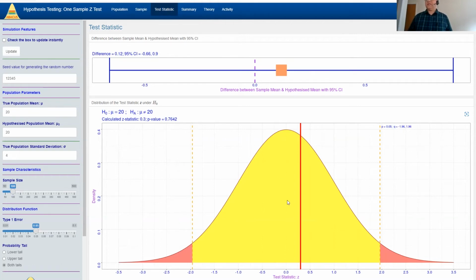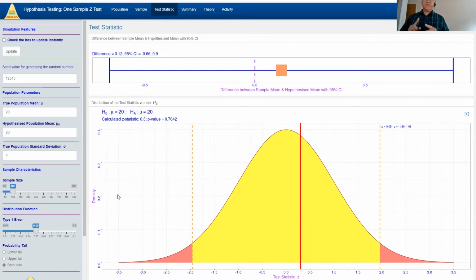So that means the p-value that we have is now greater than the type 1 error that we have set up, which is 5%. So now we can say that we do not have evidence against the null hypothesis. So we cannot reject the null hypothesis. In this scenario, we will not reject the null hypothesis.